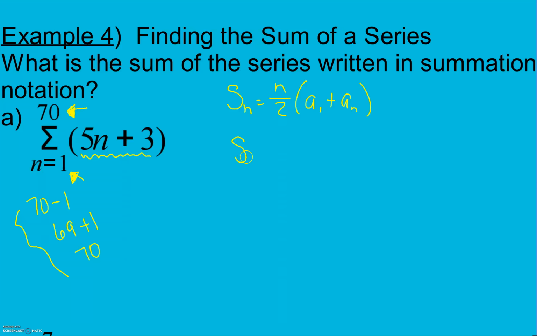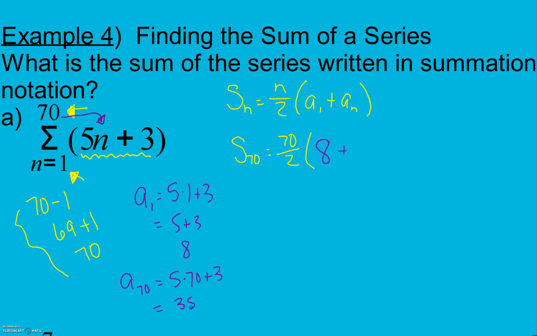So, for the first 70 numbers, we take 70 over 2. We don't know what our first number and our last numbers are yet, but we do know those limits, those boundary points. So we can find a sub 1 by plugging in 1 for n. And we get 8. We can find our last term by plugging in 70 for n. 5 times 70 plus 3, 353.